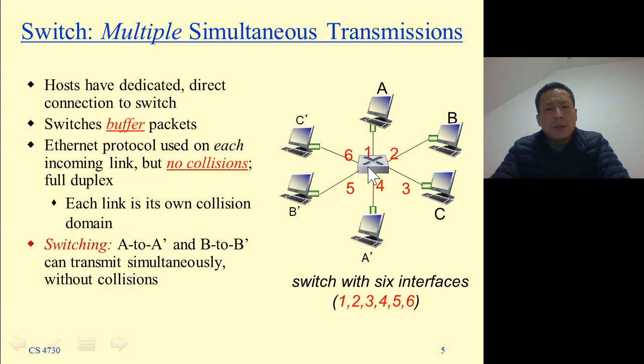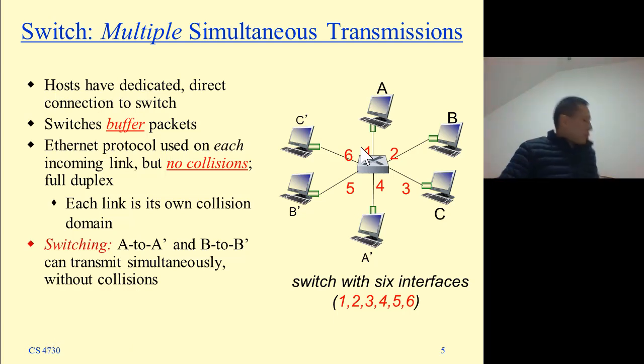But with a switch, no problem, because of the store and forward paradigm and the buffer used in the switch. They can wait, so no collisions. Each of these links is an individual collision domain, but all of them are in one broadcast domain. The packets sent out by all these ports and hosts do not collide, so they are not one single collision domain. Remember the difference between the broadcast domain and the collision domain.